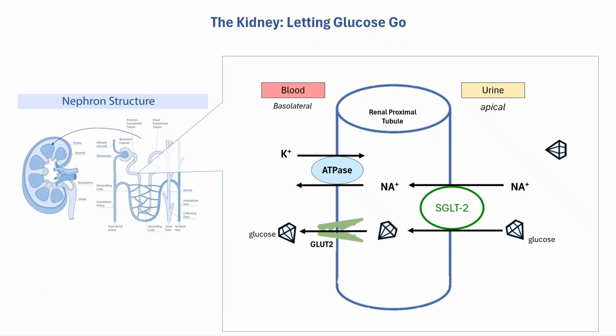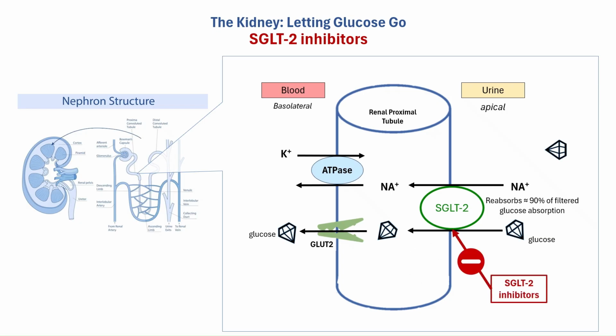Finally, we reach one of the most elegant solutions in diabetes therapy. In the kidneys, sodium glucose cotransporter 2, or SGLT2, in the proximal tubule, reabsorbs about 90% of filtered glucose. SGLT2 inhibitors block this process, thus reducing glucose reabsorption and increasing urinary glucose excretion. No insulin stimulation.